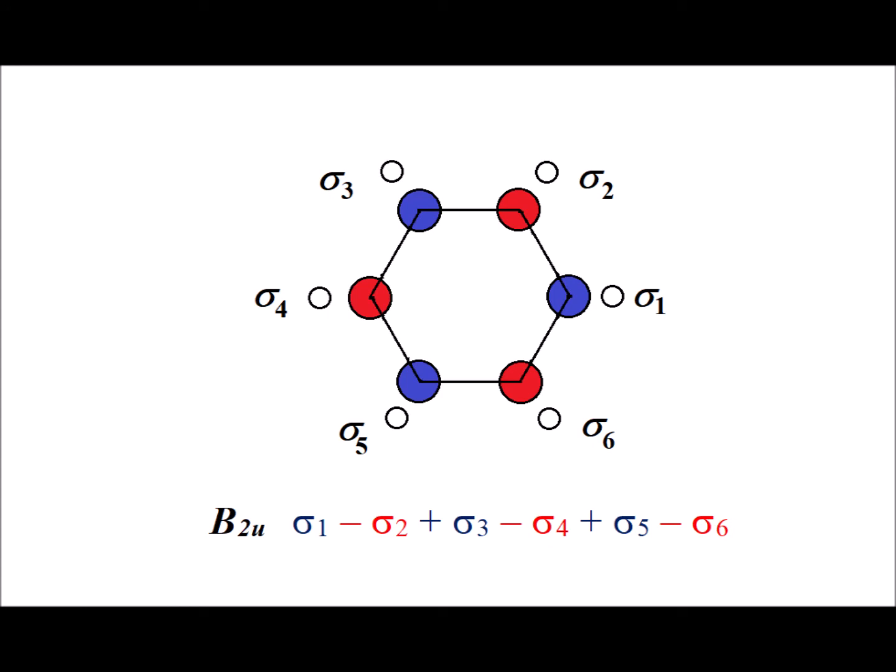Last but not least, the highest energy of these molecular orbitals is going to be the B2u non-degenerate representation. We notice that it has an all antibonding configuration among the carbon atoms, so it's going to be the highest in energy.